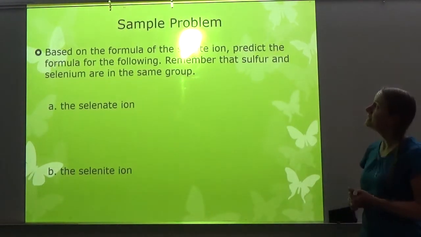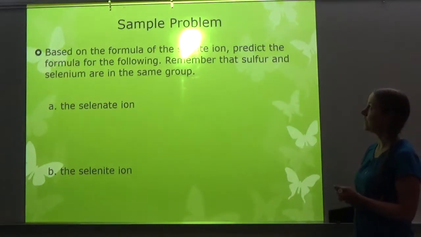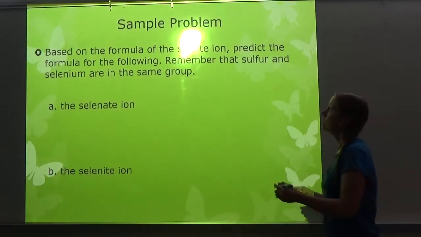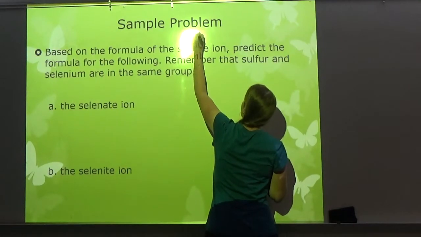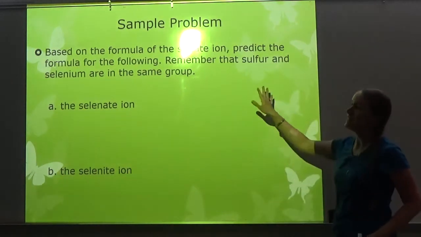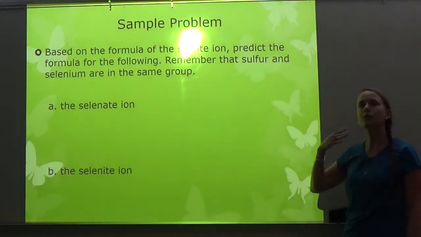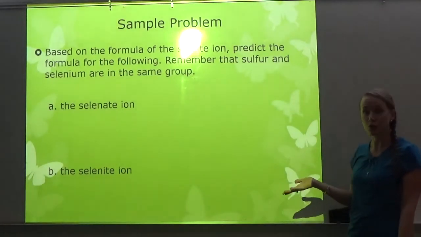So it says, based on the formula for the sulfate ion, predict the formula for the following. Remember that sulfur and selenium are in the same group. So sulfate is SO4 with a -2 charge. So since selenium is in the same group, it's going to react similarly to sulfur.